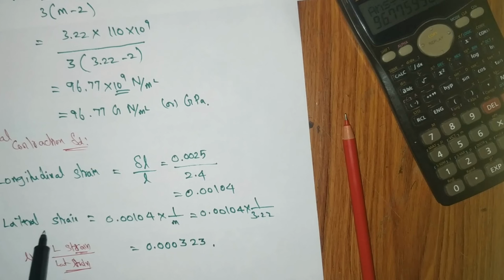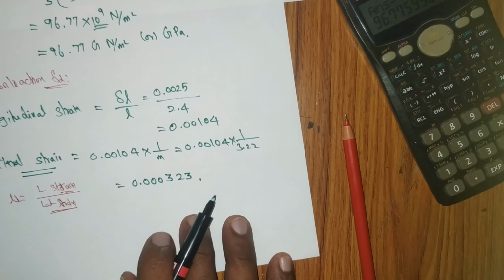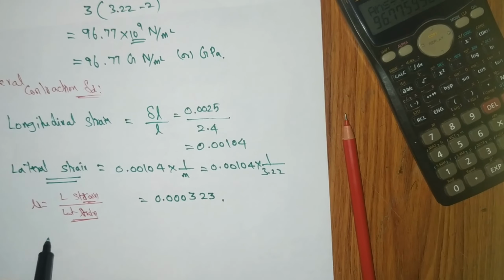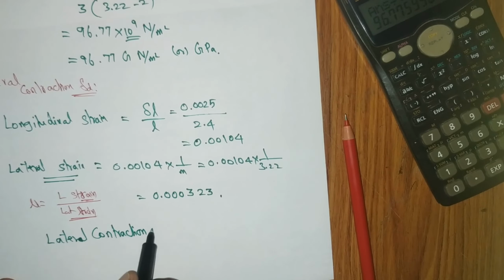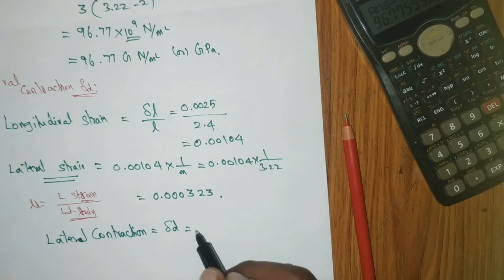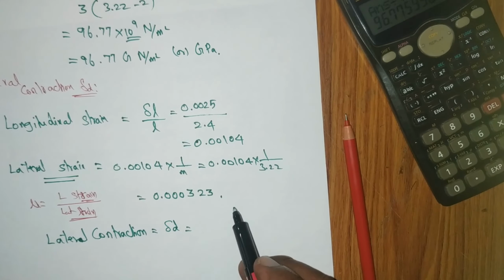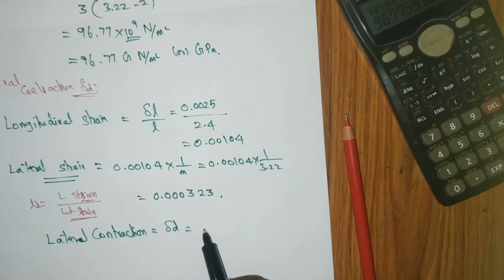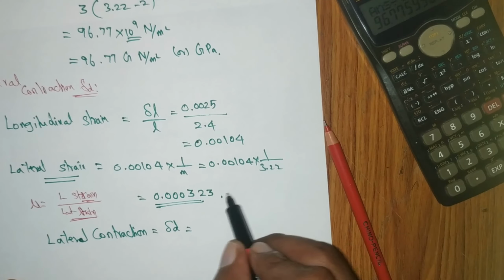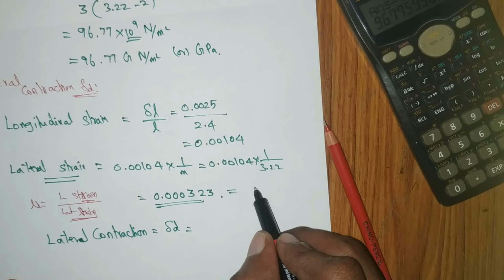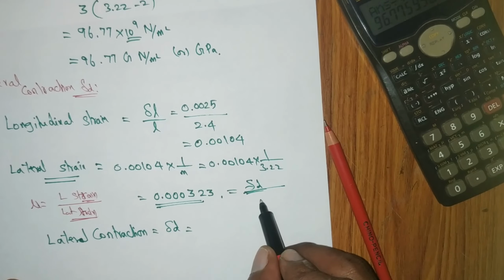From the lateral strain only you will get the lateral contraction. How much did the diameter reduce? Lateral strain is change in length by original diameter, so the change in length, delta D, that is lateral contraction, equals lateral strain into original diameter.